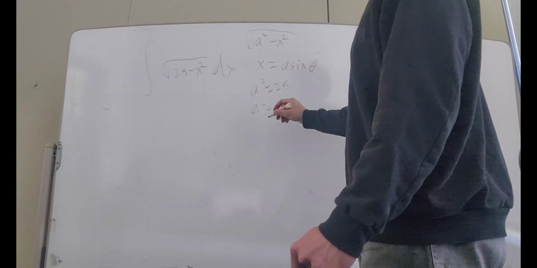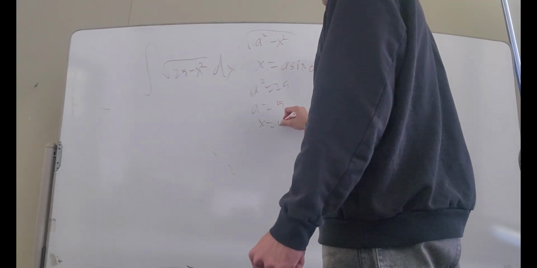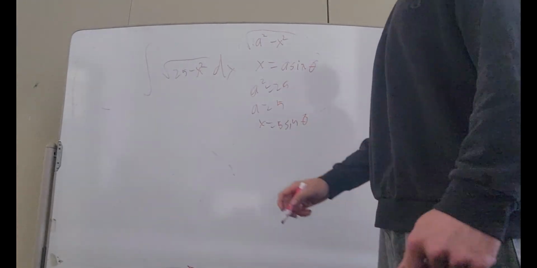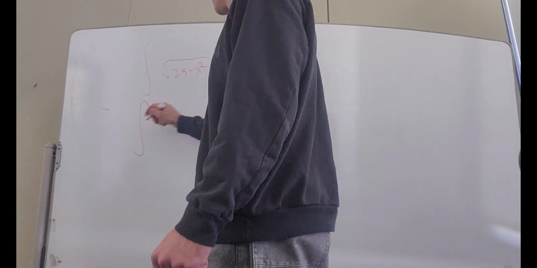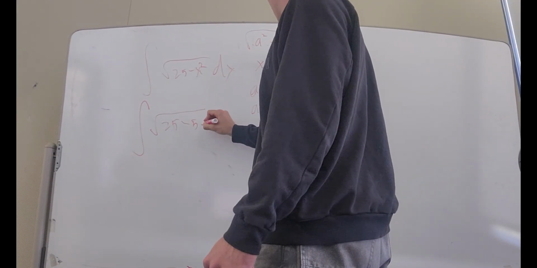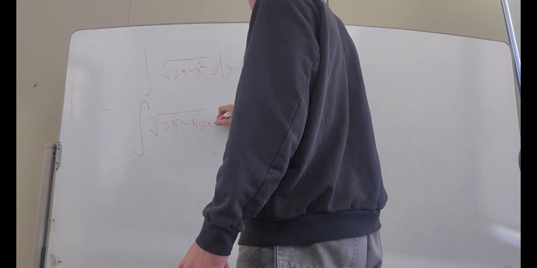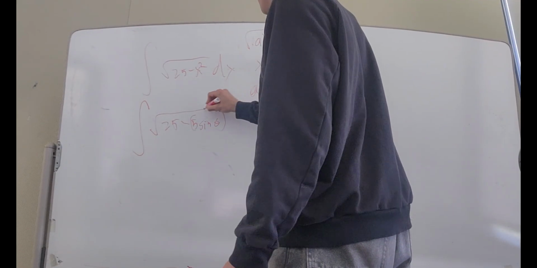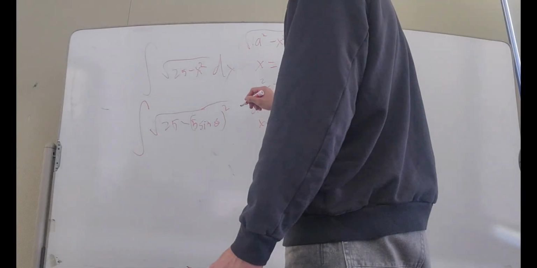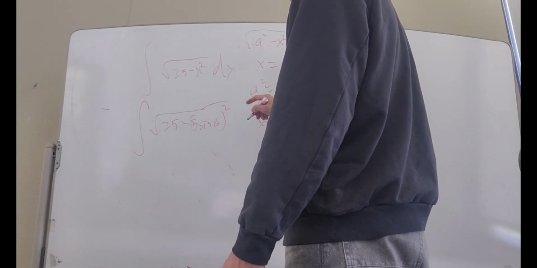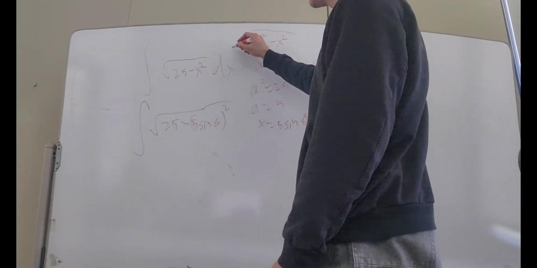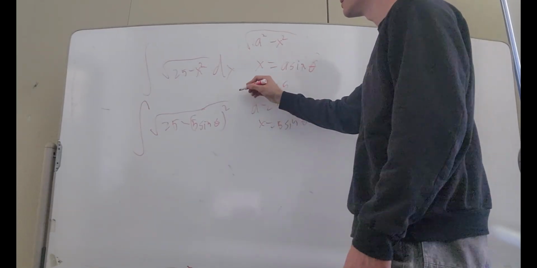So now x equals 5 sine of theta. We make the substitution: 25 minus 5 sine of theta, all of that squared. The issue now is, since we did a substitution, this was in terms of dx originally, and we are now in terms of d theta.